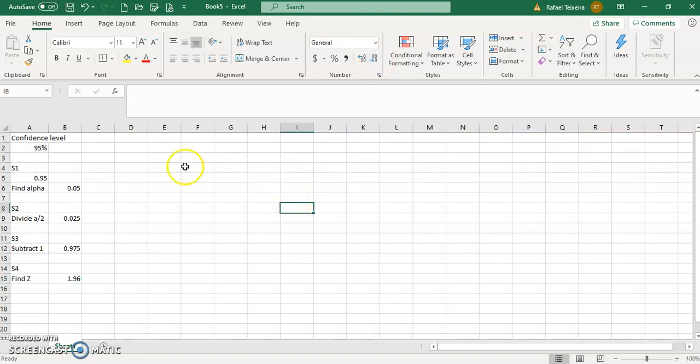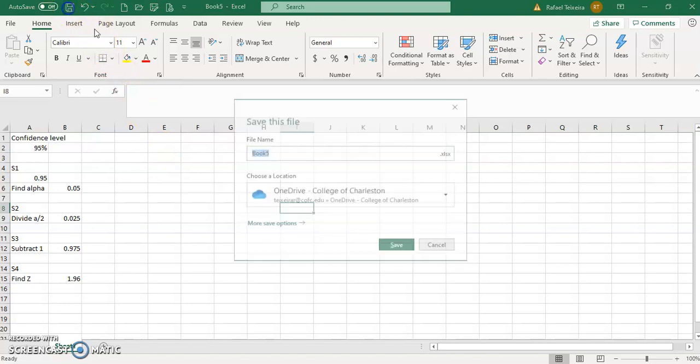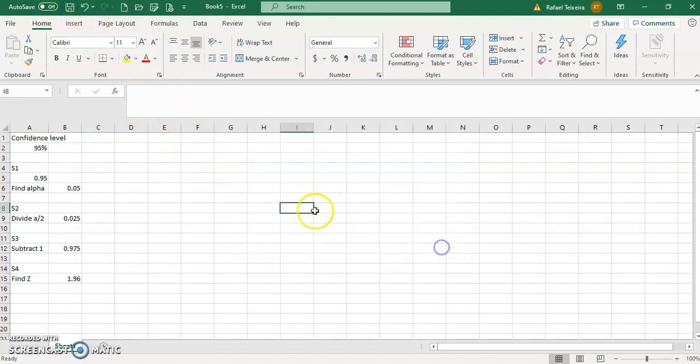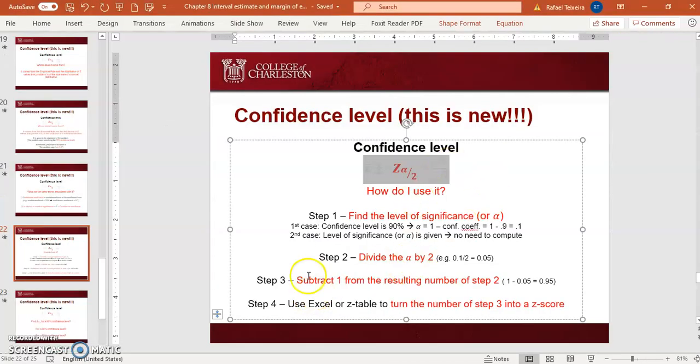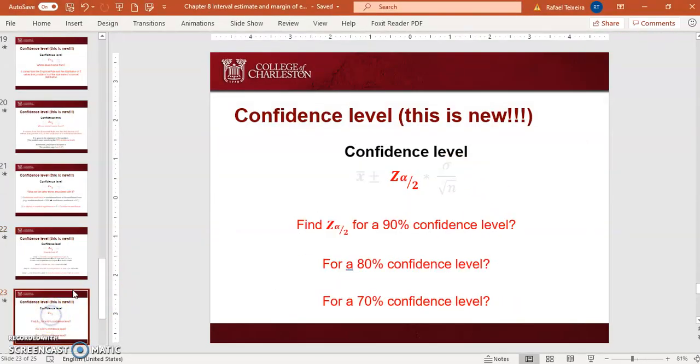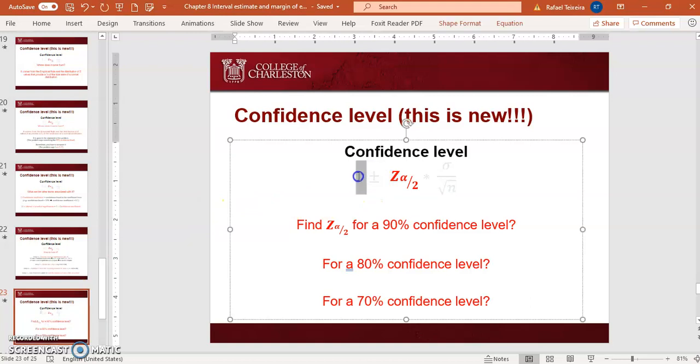This is how you find the z associated with the confidence level you want, and this is all you have to do to be able to plug into the formula: first multiply by the standard error of the mean, and then add and subtract to the sample mean and get the interval estimate.